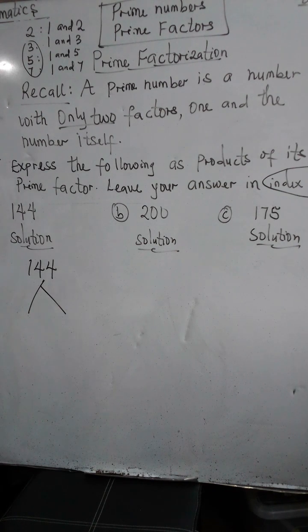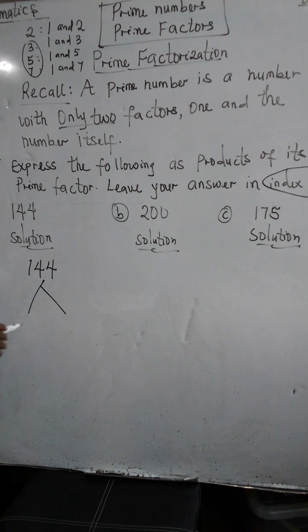I'm going to ask myself a very simple question. What 2 numbers must be multiplied to get 144? Of course, I can think of 72 times 2, or 12 times 12 as well. That's fine. I can work with 72 times 2 or 12 times 12.